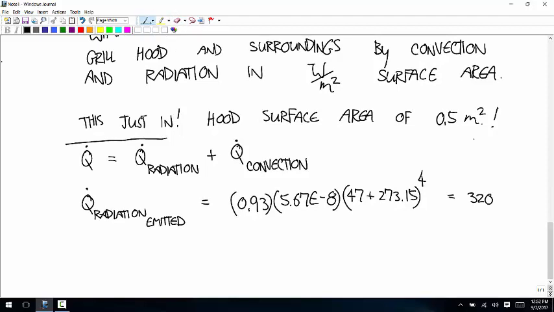That was just the temperature. Can someone multiply it all together? We have a times 10 to the minus 8 in there. We need the surface area. Yes, I left that out, didn't I?